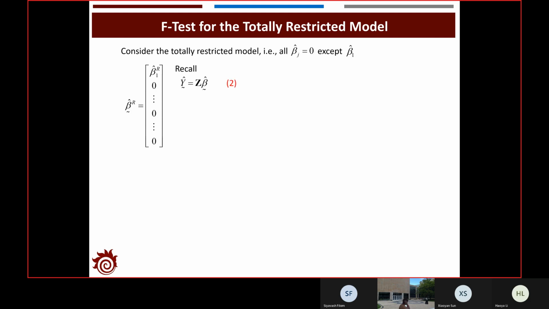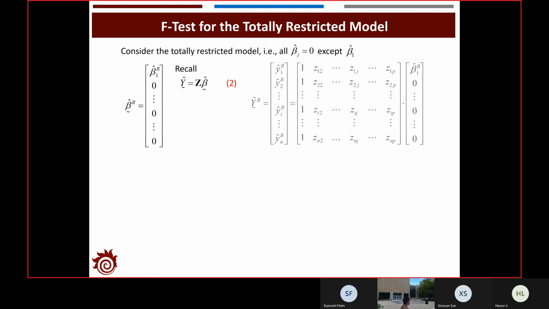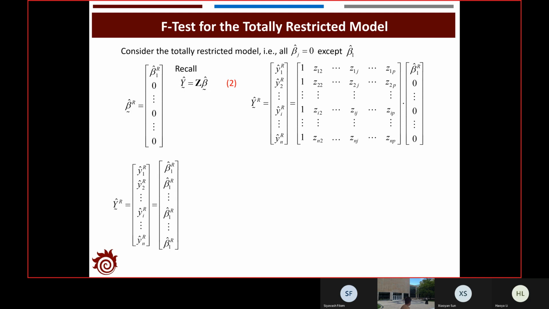With that, if we recall the definition y hat equals z times beta hat, you will only get this equation. So all these parts will become 0.